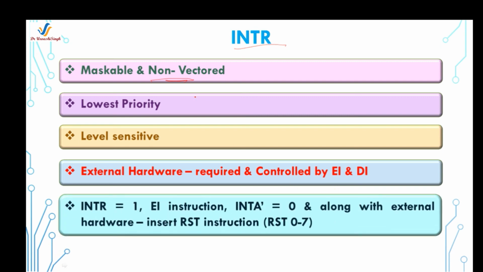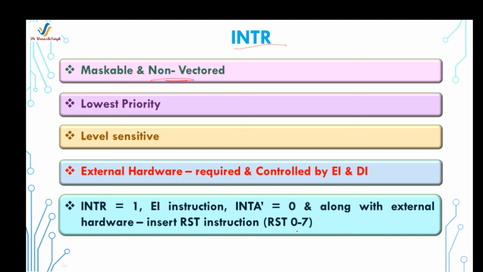So how is this memory location generated for the INTR? There are some specific conditions for this. For the INTR interrupt, the EI instruction should be written in the main program. The INTA bar signal should be 0, which means the interrupt acknowledge signal should be active, and along with some external hardware, it will generate the RST instruction.